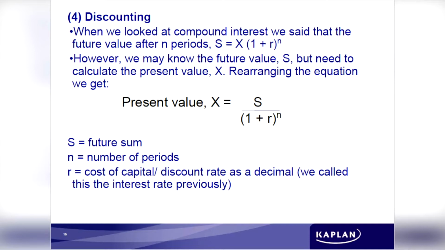Now in net present value or IRR, when we get to our topic on investment appraisal, we'll be using the term cost of capital, but it doesn't matter. You just know that they're referring to that R. So remember that formula. It's very simple. Present value X is equal to S divided by 1 plus R to the power of N.